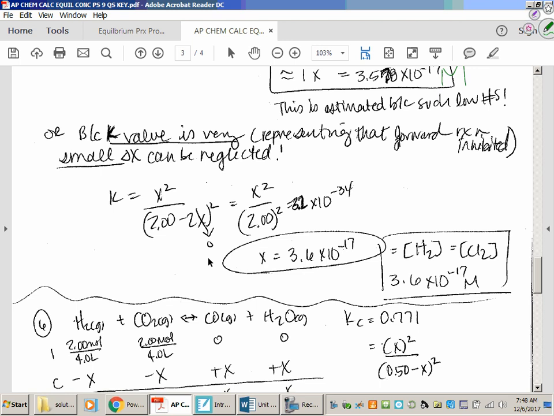I can assume that's negligible, but it's teeny, teeny, tiny. I know that 10 to the negative 17th is going to be way less than 5% of what number? What number would I have subtracted it from? 2. 2 is the only number I'm manipulating x from. So I know that 10 to the negative 17th is way less than 5% of 2, so I didn't run my 5% rule, but you should.